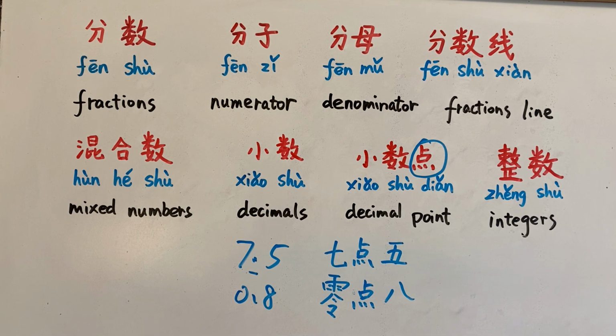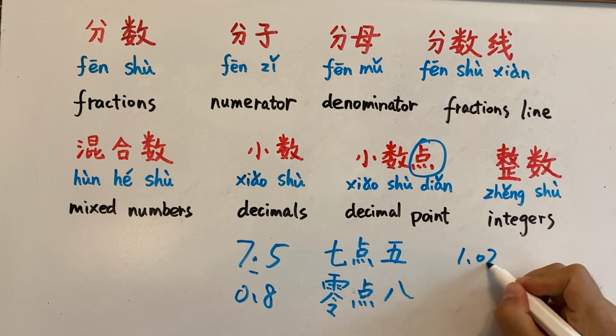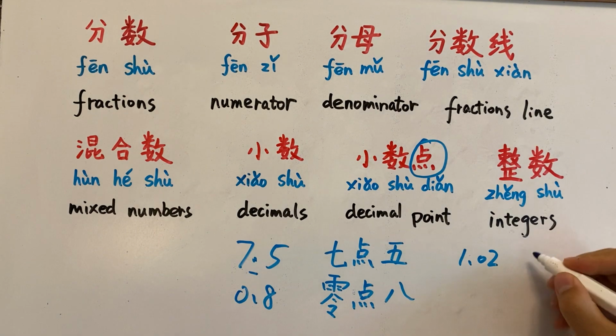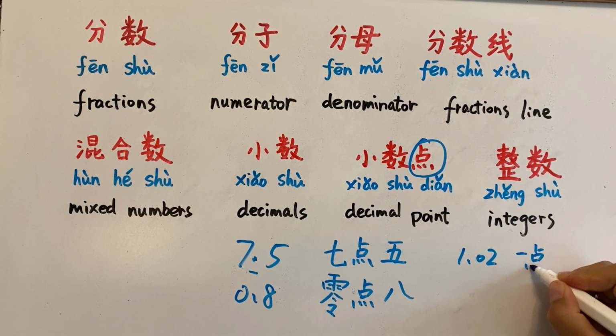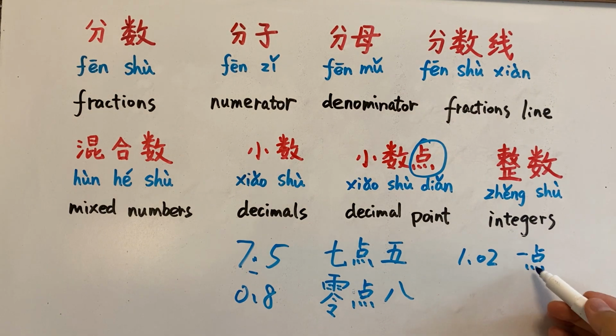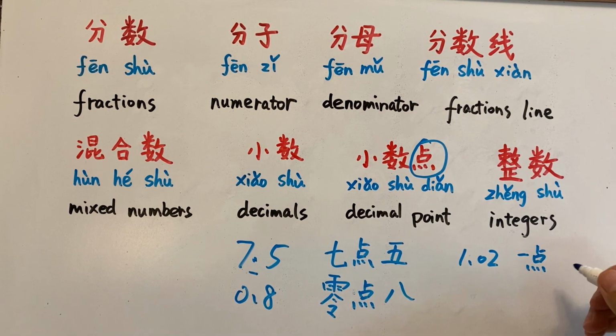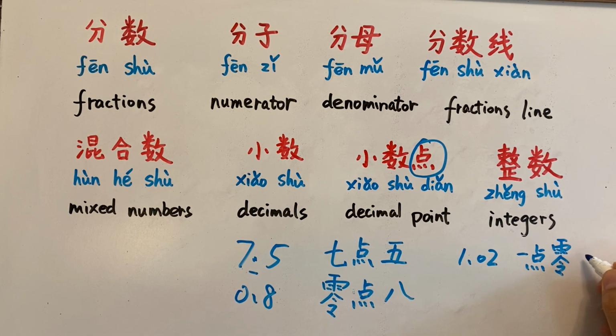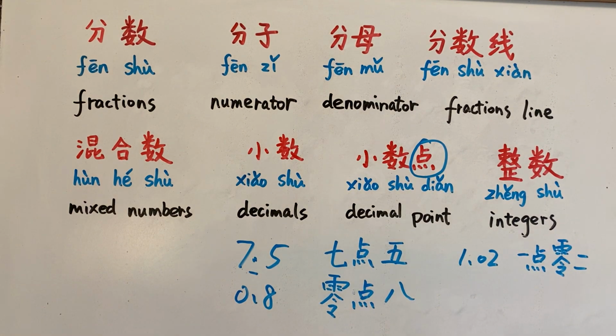And for another example, 1.02, that is 一点零二. 1, point 点, 0, 2. 1.02, very easy.